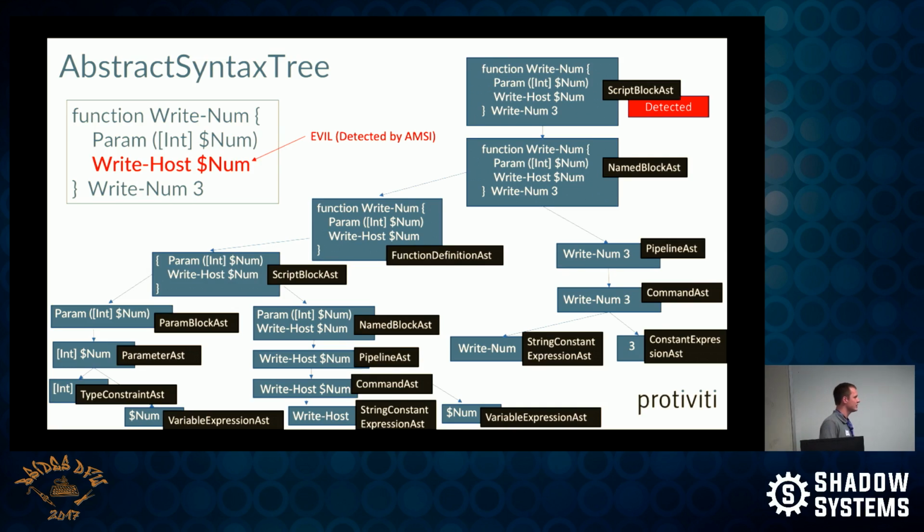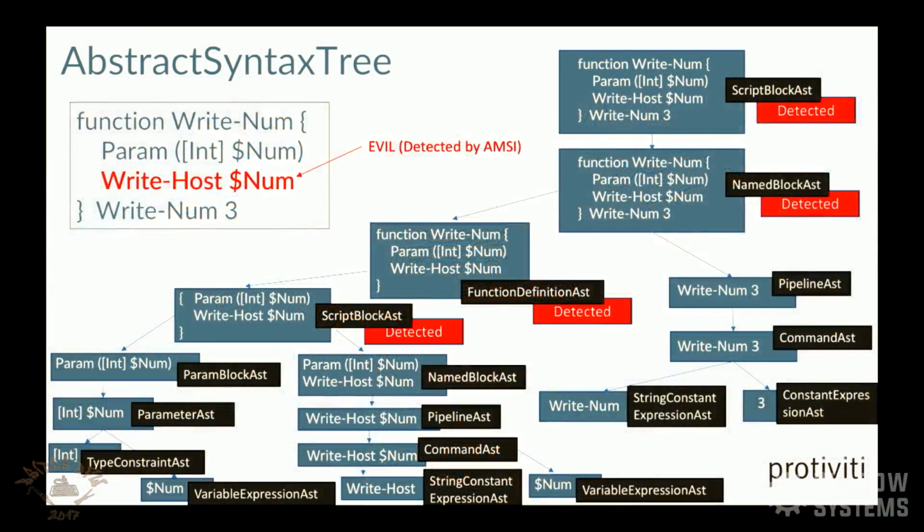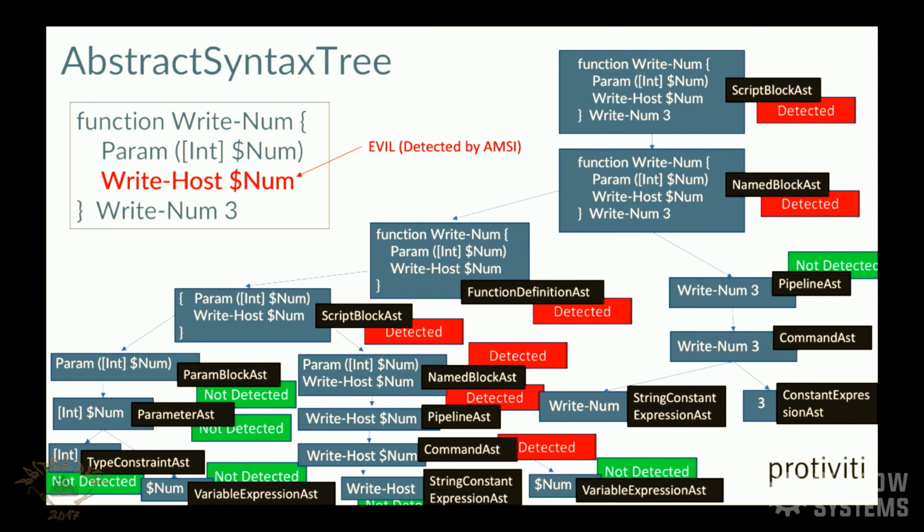So we're going to do this all the way down the tree until we get to here, where suddenly that one comes back as not detected, indicating that it doesn't contain the signature. So we'll do this for the entire tree, and basically what you'll see happen is we form this like subtree within the tree, like the detection tree. So all of the leaves of this detected tree are going to end up being our signatures.